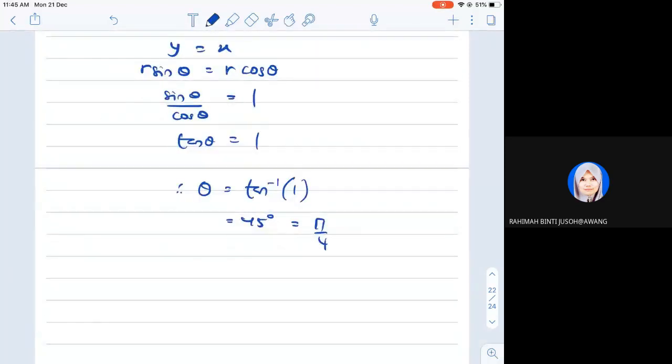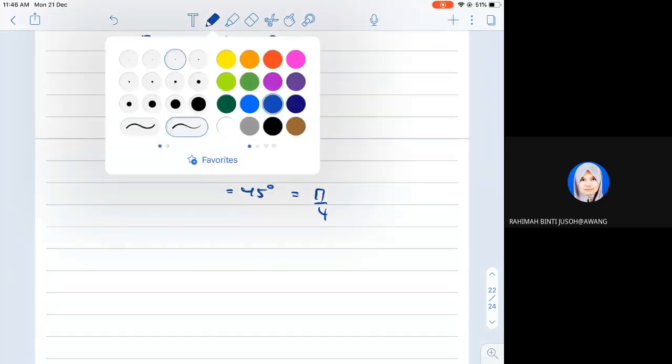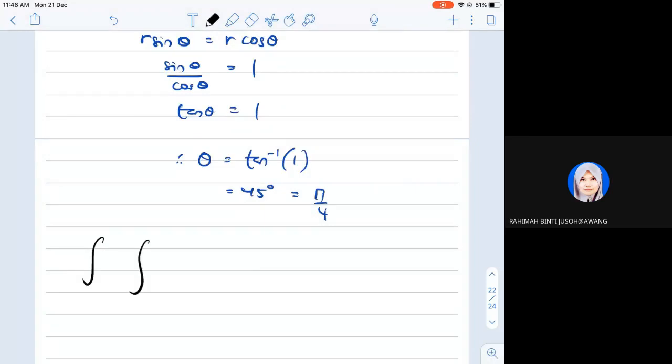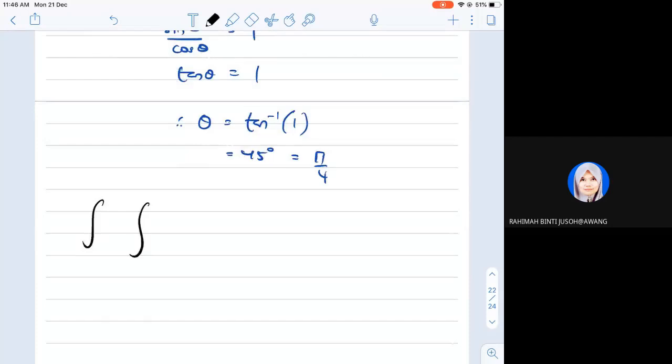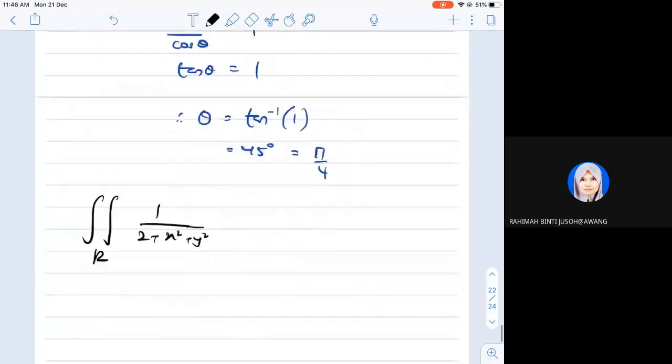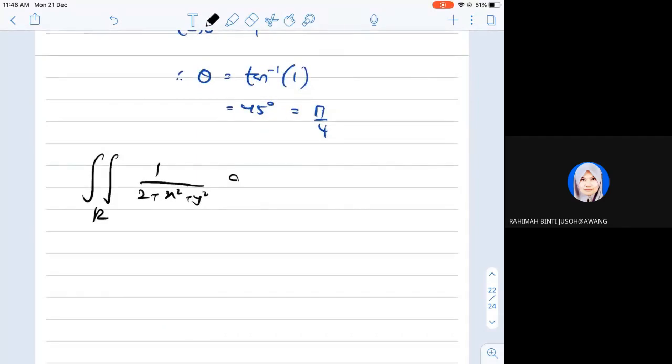Okay, so let's proceed with the integration. The function is the double integral over region R of 1 over 2 plus x squared plus y squared dA, isn't it? Now I want you to give me: what is the denominator, 2 plus? R squared. Yes, r squared.